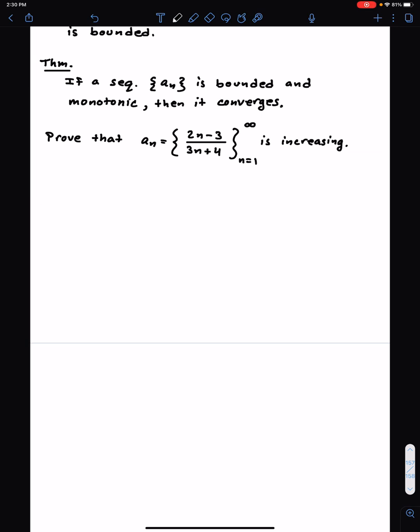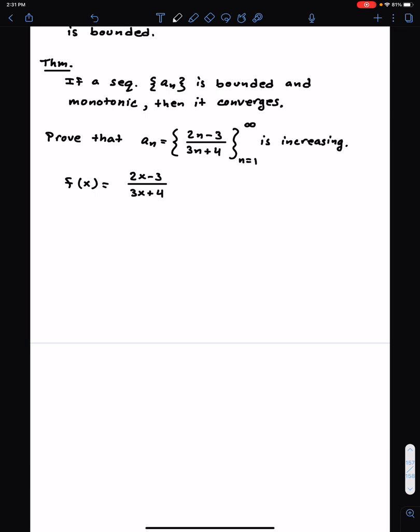One way to prove that this is increasing is I'm going to define this to be some function f of x. So f of x is 2x minus 3 divided by 3x plus 4.